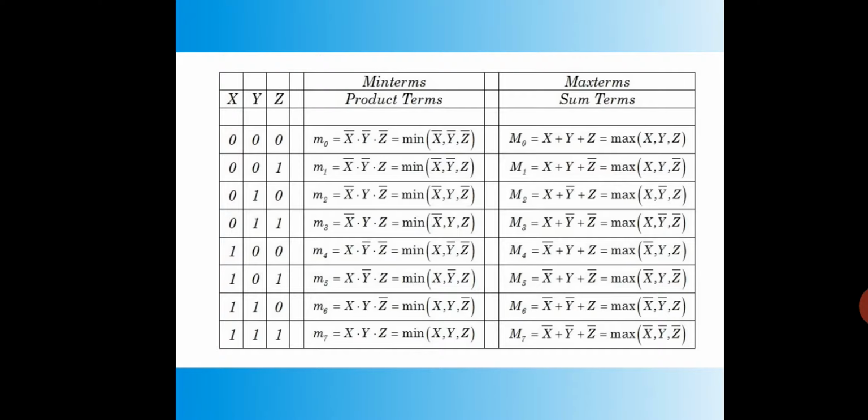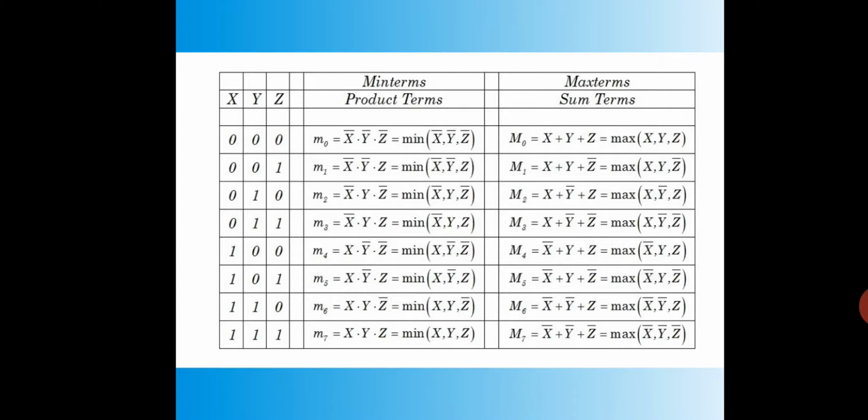But for max terms, it is m0 equal to x plus y plus z, which is max of x, y, z. This is only possible when all the inputs are zeros: x input is 0, y input is 0, z input is 0. It is a max term, so it is not about the min terms, it is for the max terms.